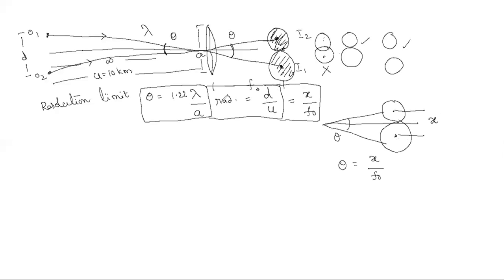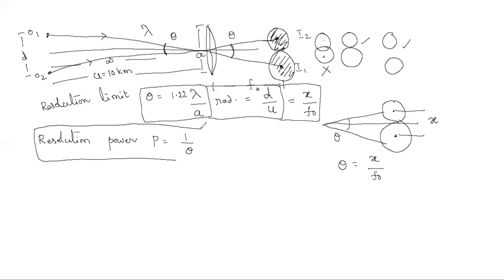But keep in mind what he is asking: whether he is asking the resolution, the image distance, or the resolution power. Resolution power is just the reciprocal of the resolution limit. So while solving the problem, check whether he is asking for the resolution limit or the resolution power.